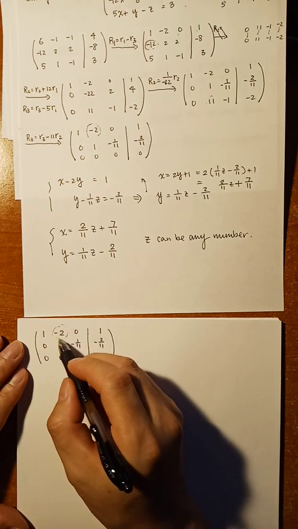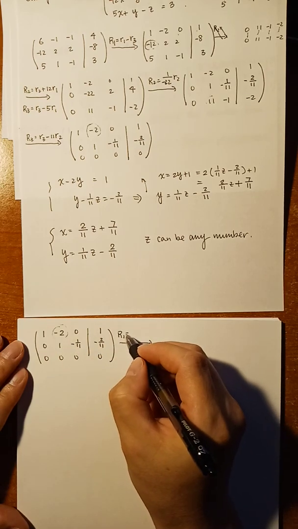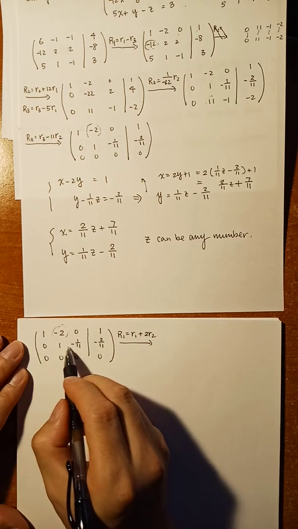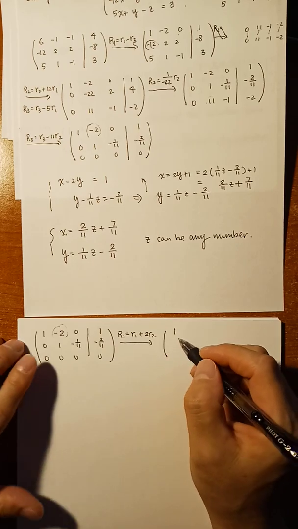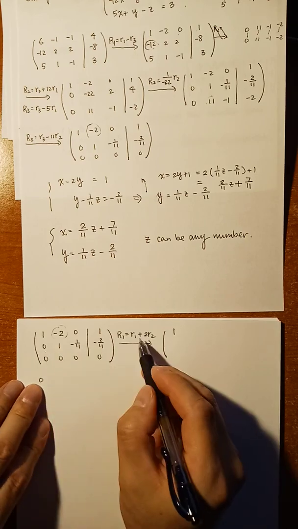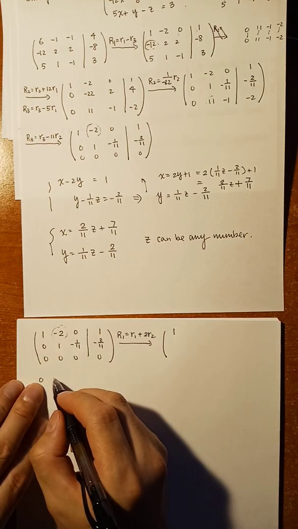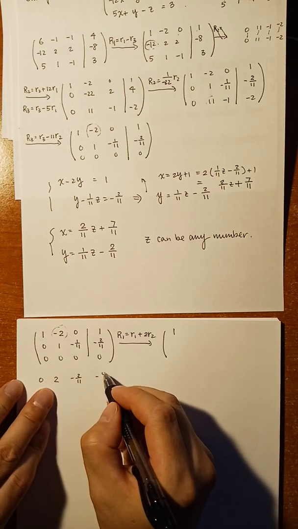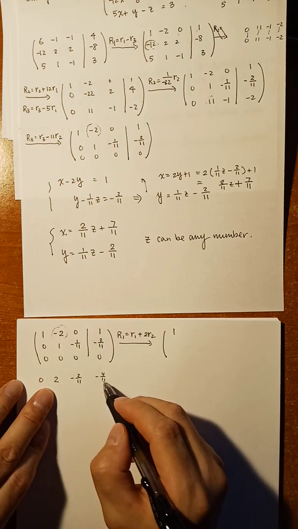Okay, so how do I make this number 0? I will get a new row 1 as original row 1 plus twice row 2. We multiply the second row by 2 and add it to this place. So let me copy it. 0, second row times 2. So this is 2, this is -2/11, this is -4/11.